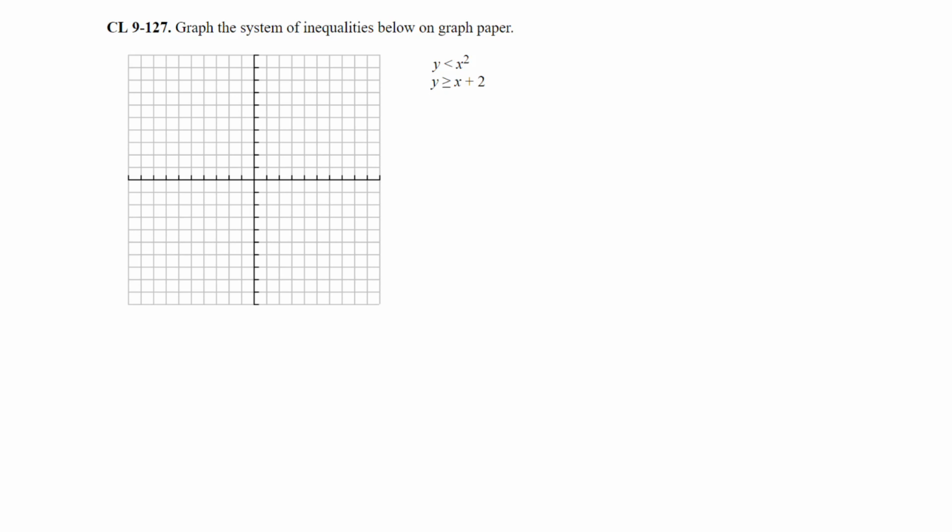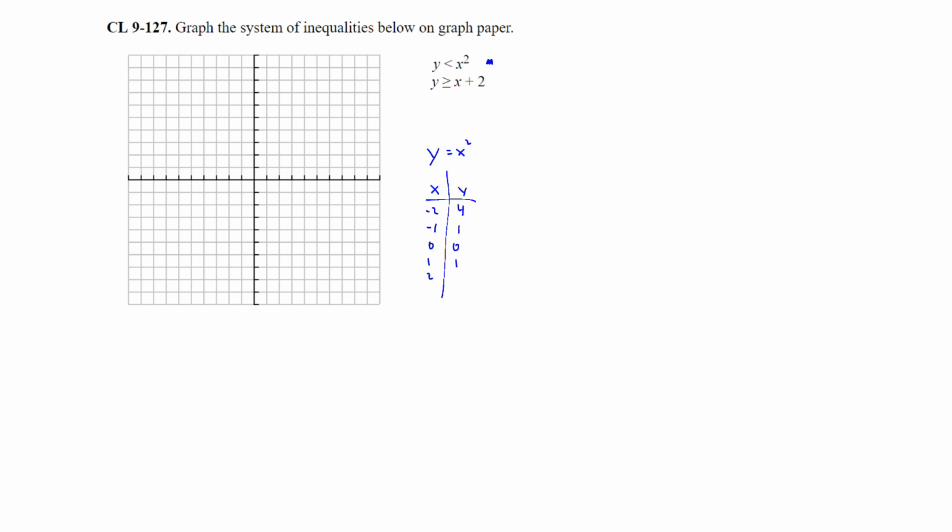Question 127. Graph the system of inequalities below. So we have the first one here. I'm going to do this one in blue. So y is equal to x squared. That's your quadratic. If you do a table, since there's no other stuff to it, we can do a couple values of x, some positive, some negative, and then 0. We're just squaring these.